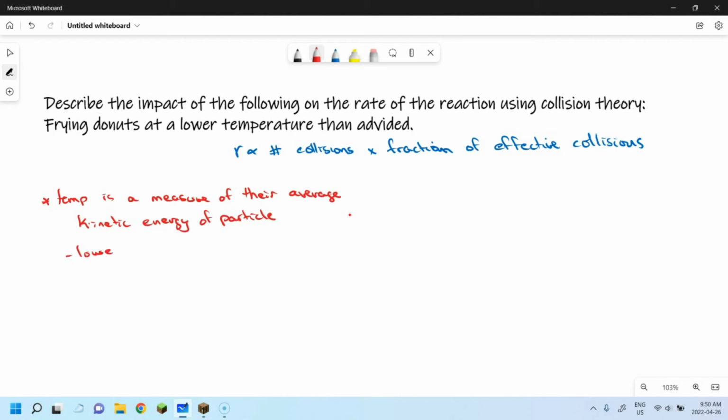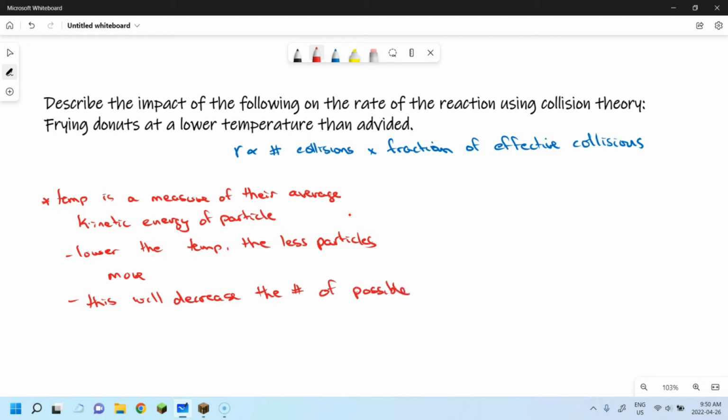So the lower the temperature, the less the particles move. This will decrease the number of possible collisions, resulting in a low rate of reaction.